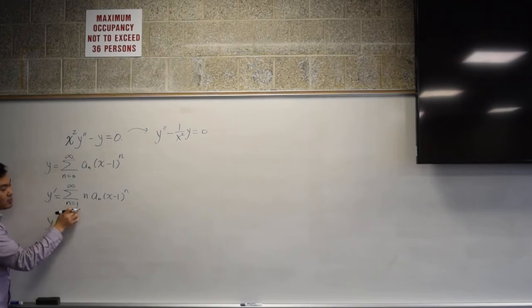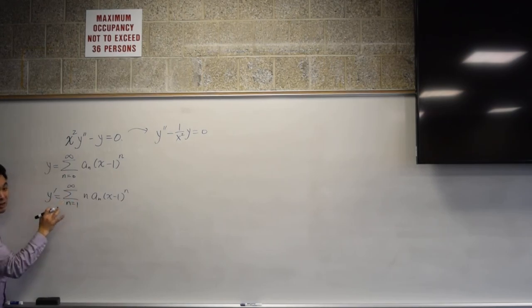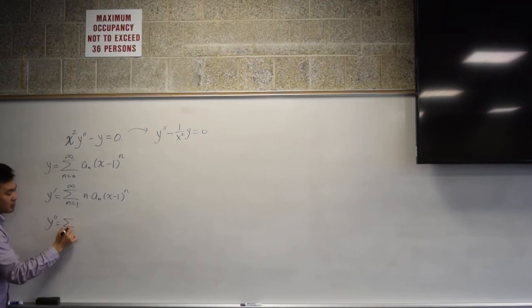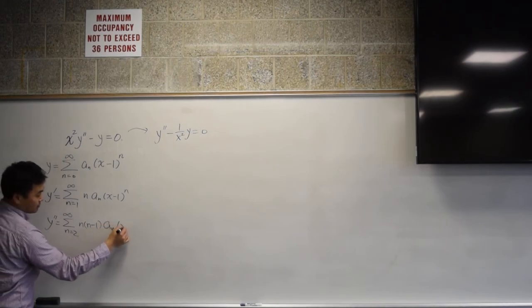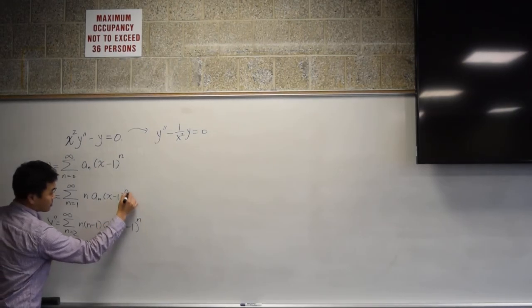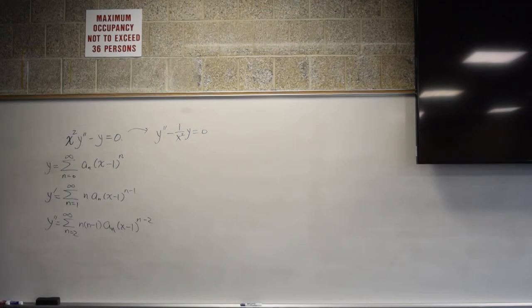That's because if n is 0, the 0 going in here will make everything 0, so there's no point in having n equal to 0, so I made it n equal to 1. And then y double prime is the sum from n equals 2 to infinity for the same reason. So that's what you get.